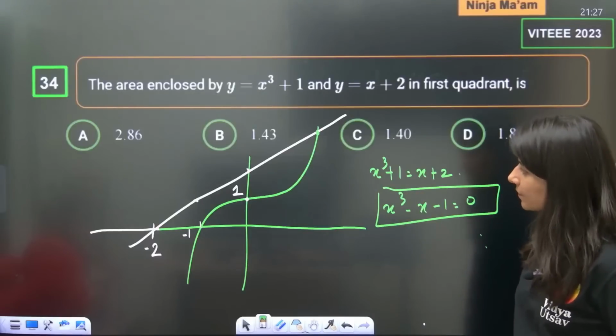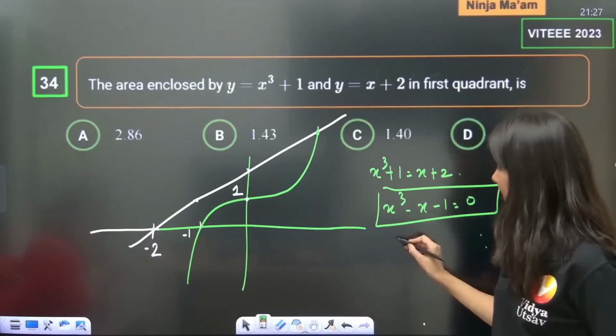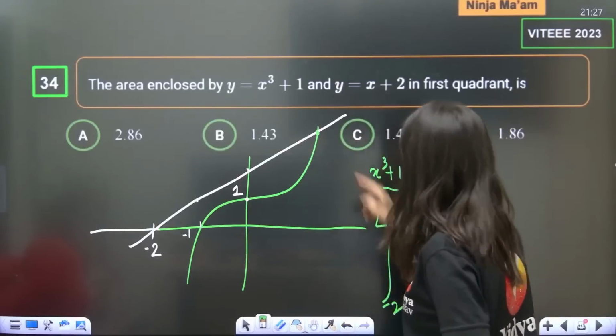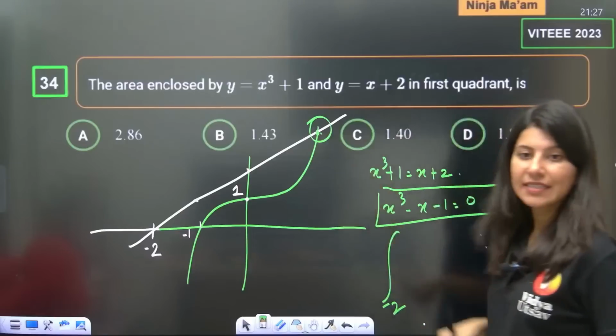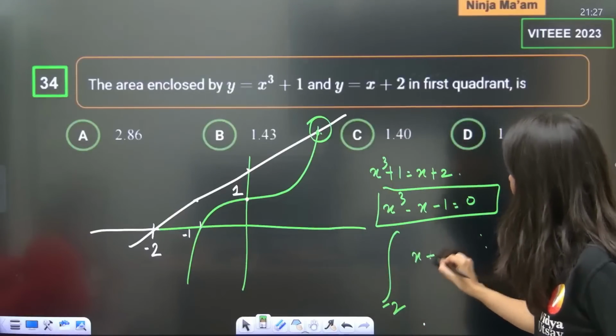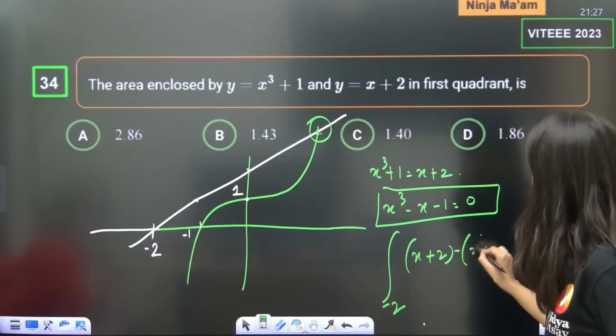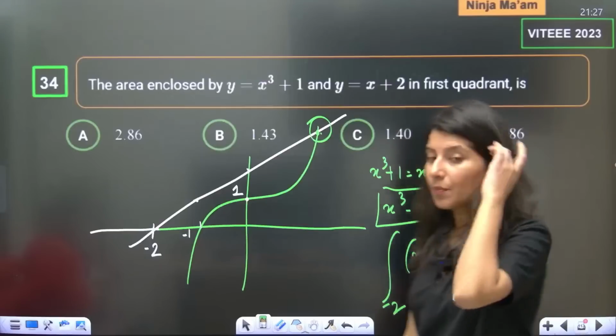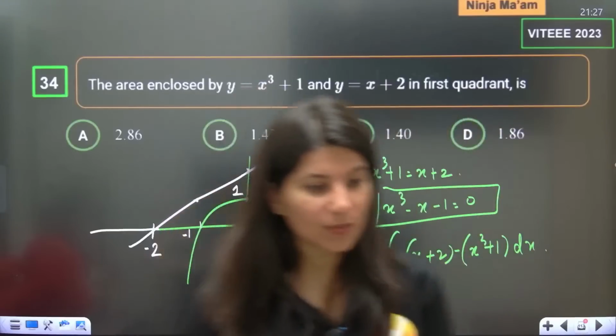Okay. So we need to integrate this curve. Find the point of intersection first of all. Minus 2 to this point, we need to find this intersection point. Okay, and integrate upper limit as x plus 2 is the line, minus x cube plus 1, dx. Okay, so I think the point of intersection of this is going to take much time.